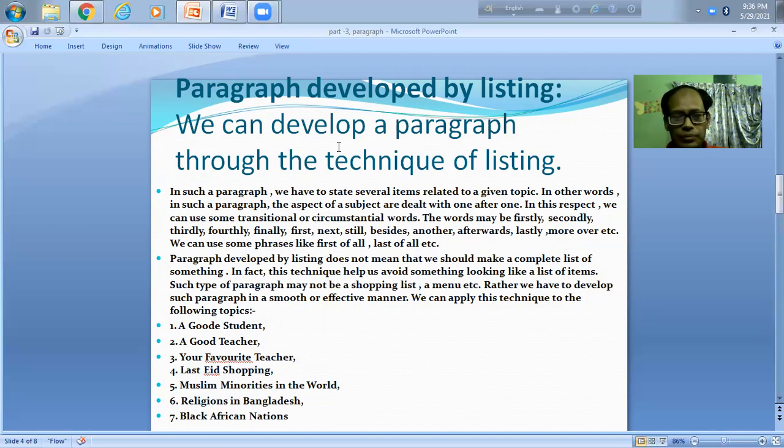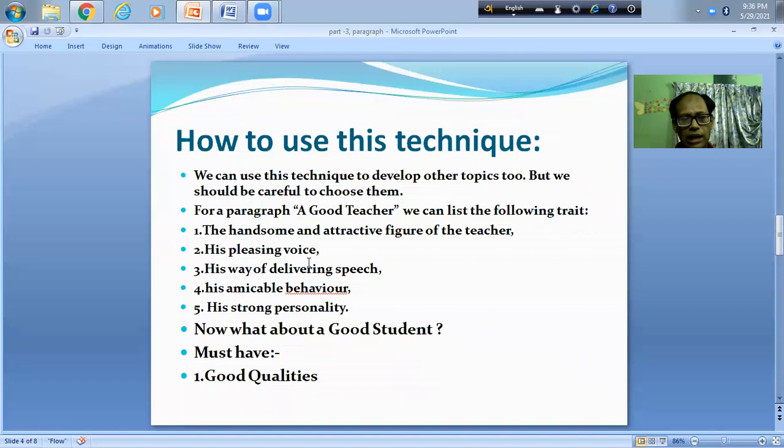So, what is the difference between them? For example, a good student. We can say good students must have such types of ideas. We will look at this afterwards. But like others, good teachers or your favorite teachers, last week shopping, they are quite different regarding their analysis.